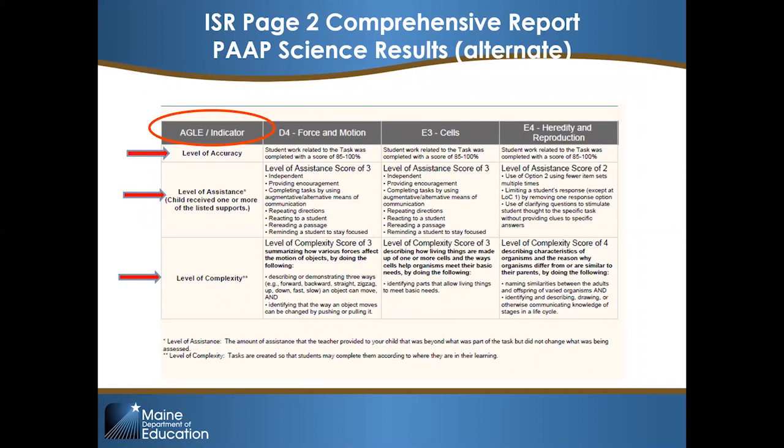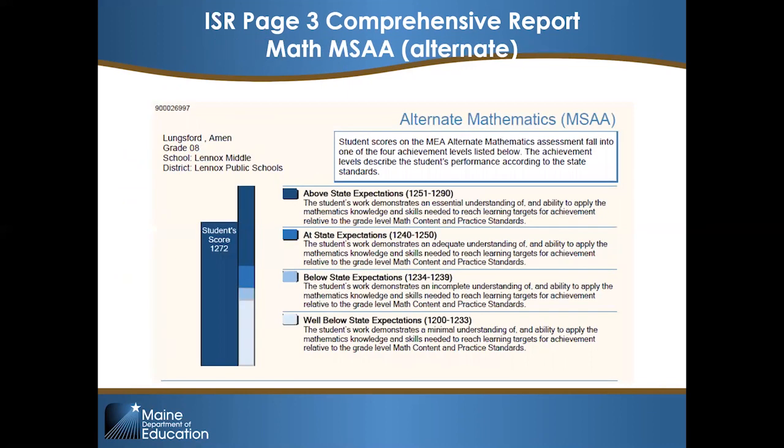All three levels are used in a formula to calculate the final total student score. The details for alternate science AGLEs are also described in the chart. This grade includes science standards D4, force and motion, E3, cells, and E4, hereditary and reproduction.